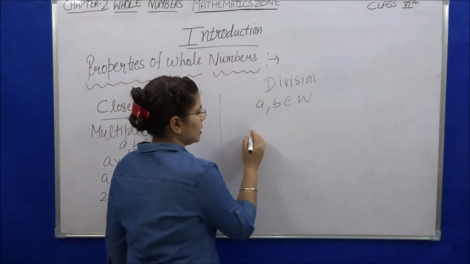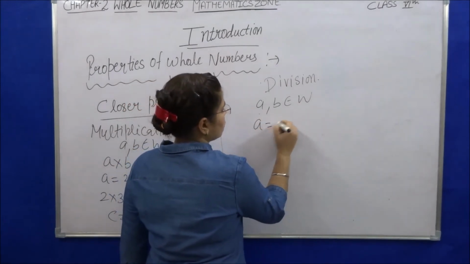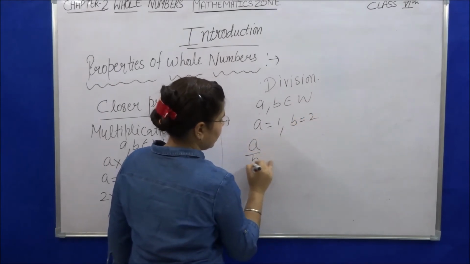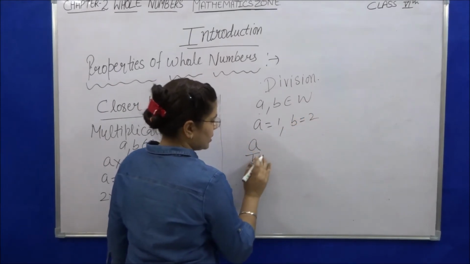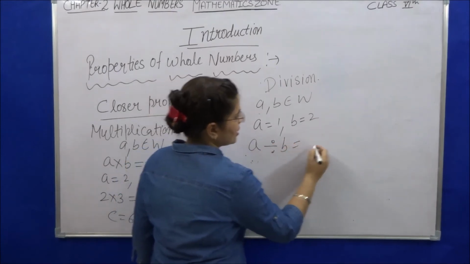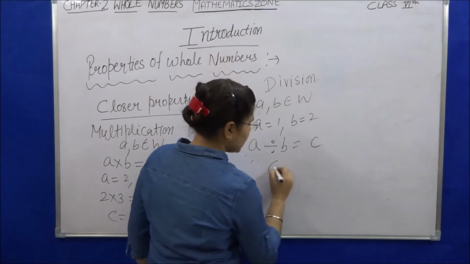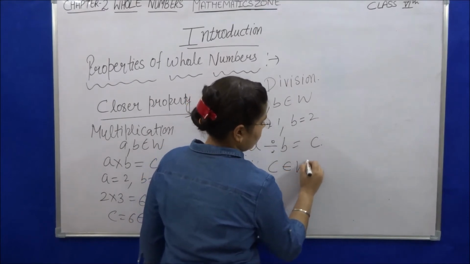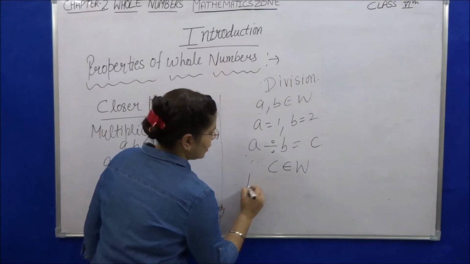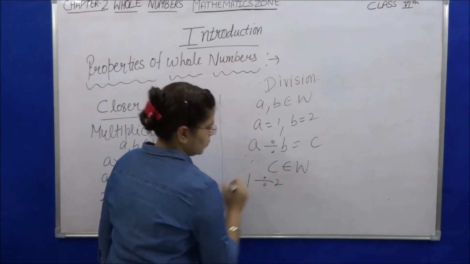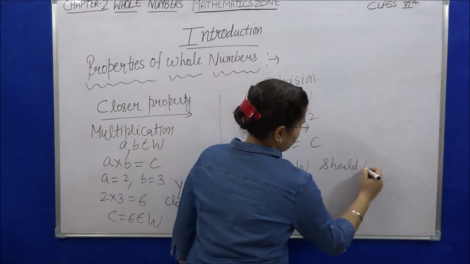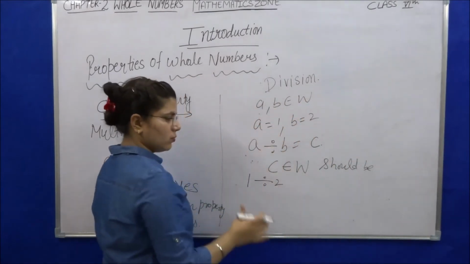Now let us see, a equals 1 and b equals 2. When a is divided by b, our answer is c, and that c should belong to whole numbers.